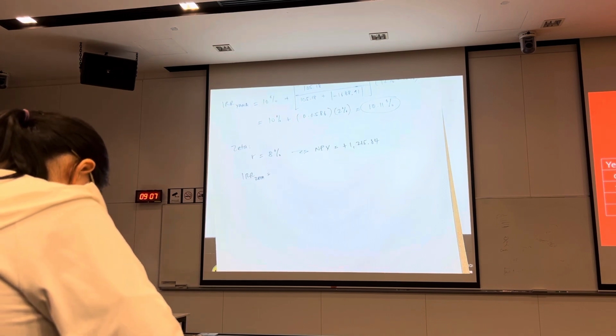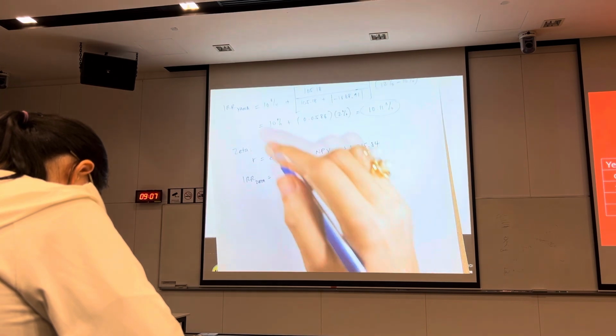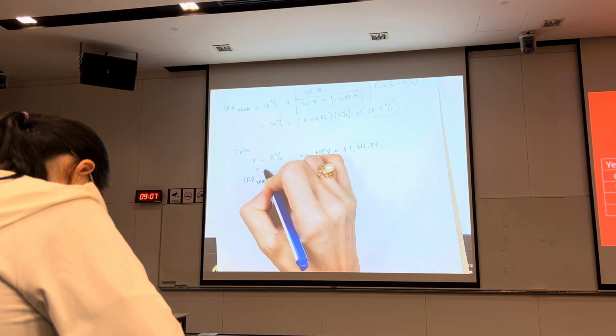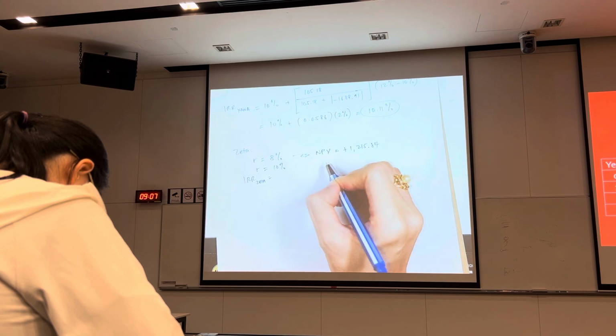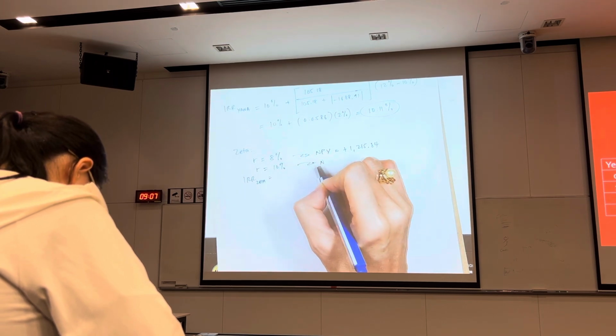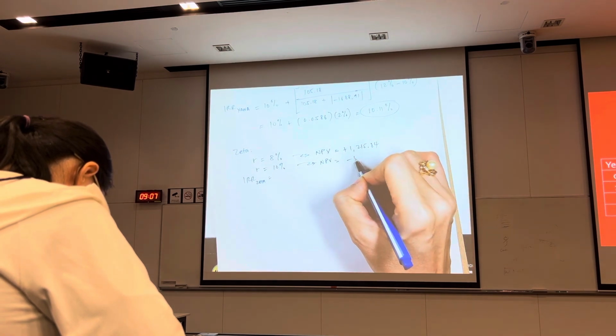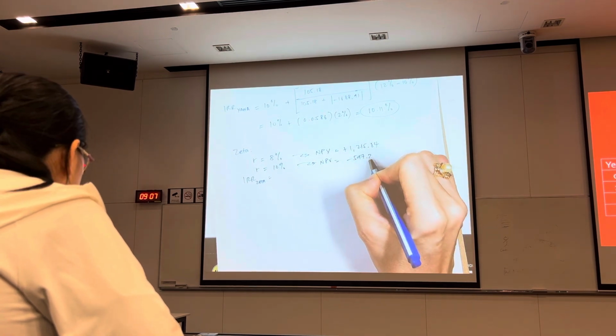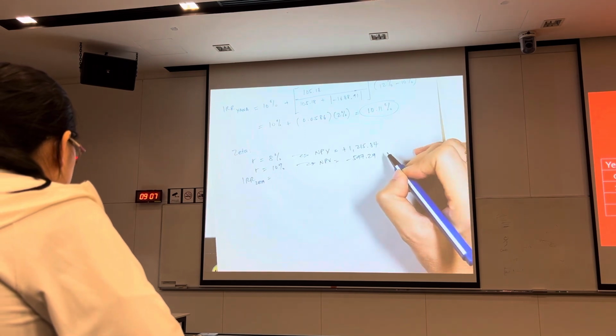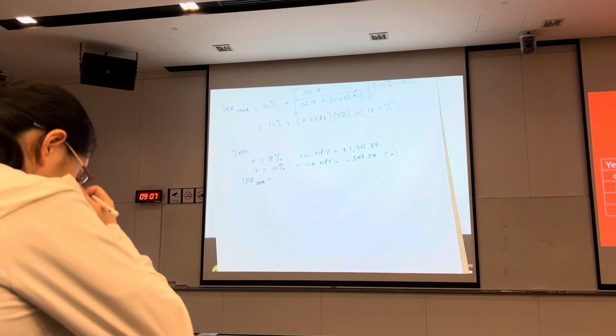Because you want them to be as close to zero as possible. So the second one is 10%, which we said the NPV is negative 597.29. So that's what you computed in part A of the exam question.